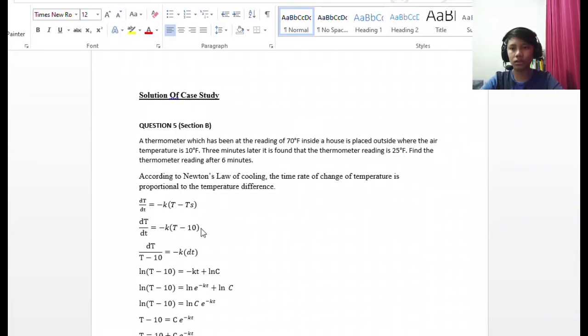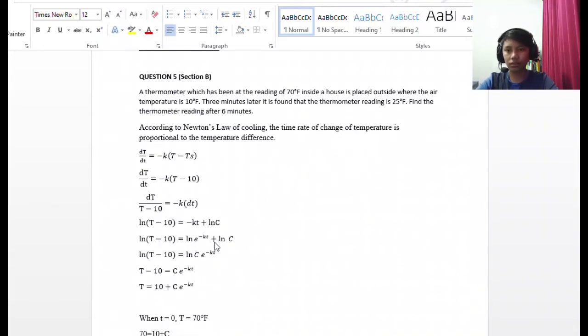So we substitute the value and it will become like this. And then after that we need to exchange the dt with T minus 10, and then we will become this. dT over T minus 10 becomes natural log of (T minus 10), and minus k multiplied by dt becomes minus kt plus natural log c.